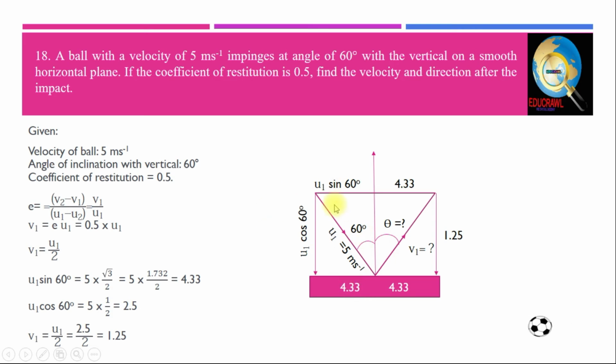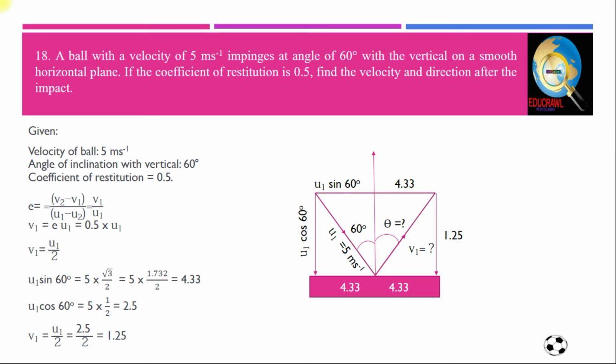Now using this we are going to find the coefficient of restitution. So E is equal to, we know the formula as V2 minus V1 divided by U1 minus U2. Here we know that V2 and U2 values are 0, since the surface cannot move, their velocities will be 0. So substituting those values in this equation, E is equal to V1 by U1.